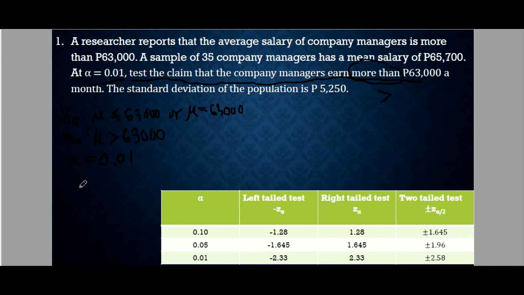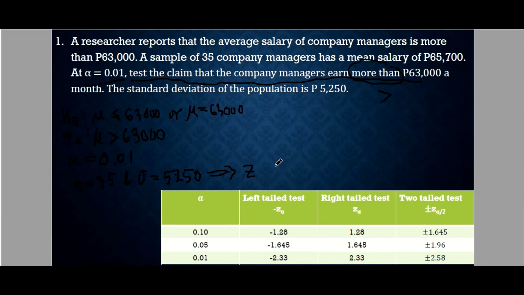Now, let's examine. n is equal to 35, and the population standard deviation is given, 5,250. This implies that this is a Z test.